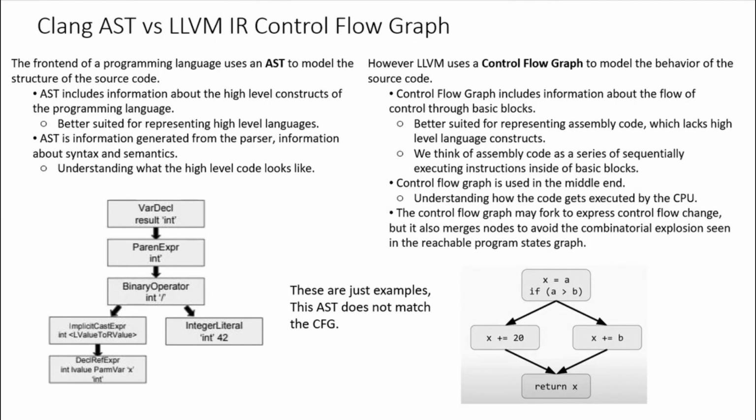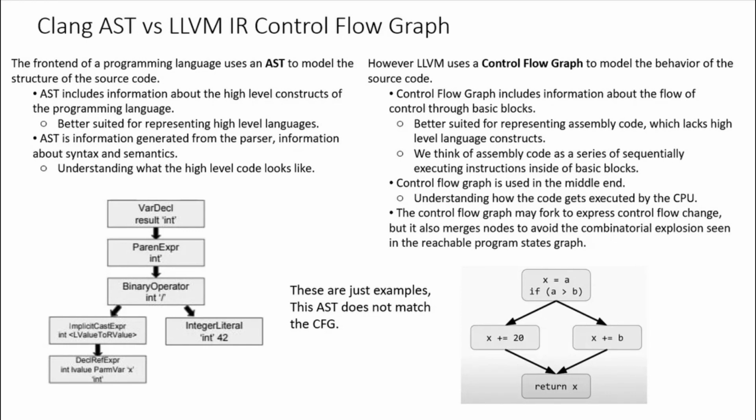However, for the intermediate representation, we are using a different data structure called a control flow graph to model the behavior of the source code during runtime. The control flow graph includes information about the control flow through different basic blocks, because we are now having a different programming paradigm.